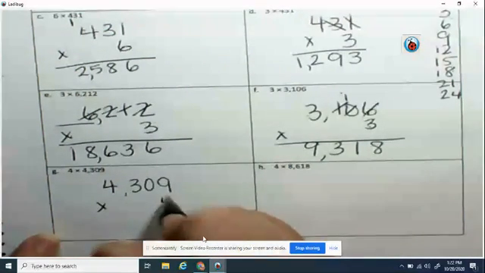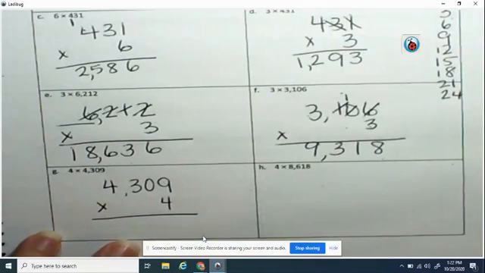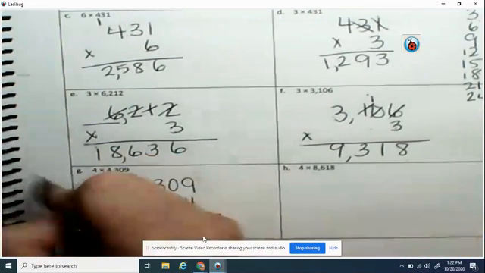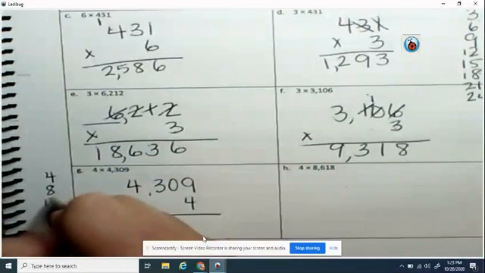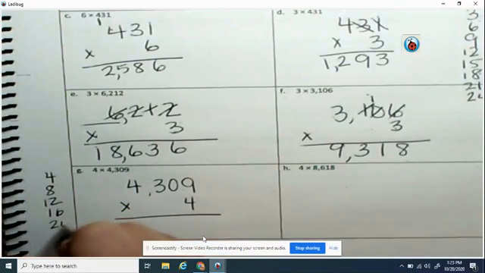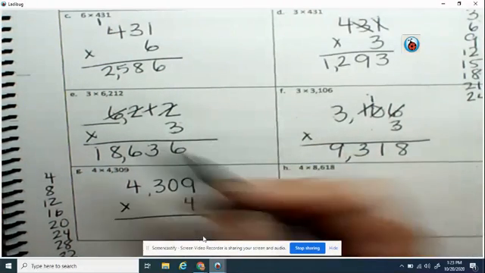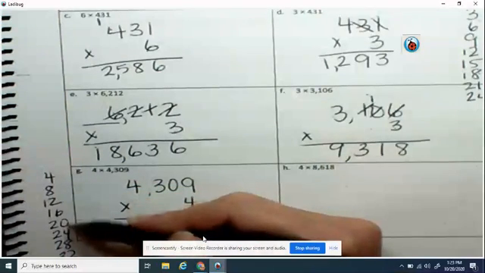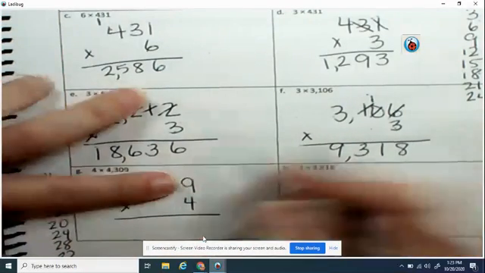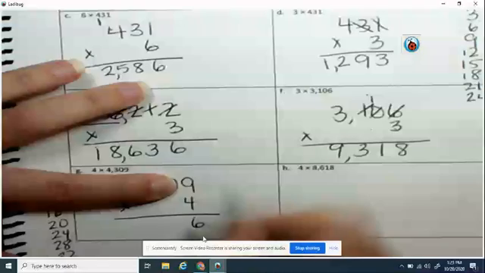4,309 times 4. All right, and let me write out my 4s. 4, 8, 12, 16, 20, 24, 28, 32, 36. Okay, 9 times 4. 1, 2, 3, 4, 5, 6, 7, 8, 9. 9 times 4 is 36.